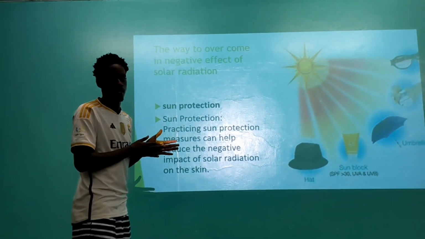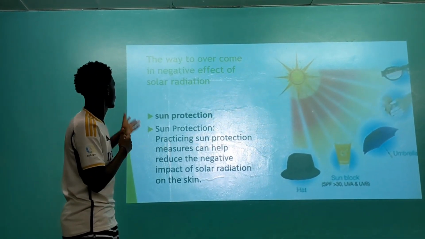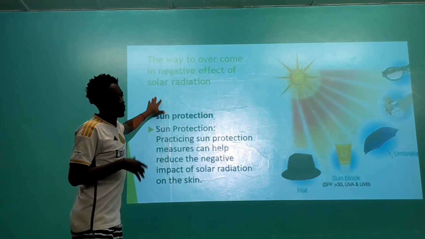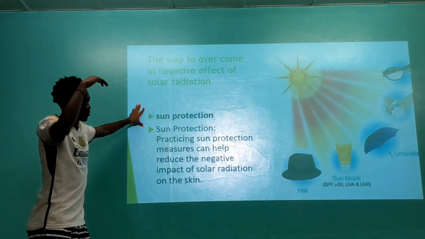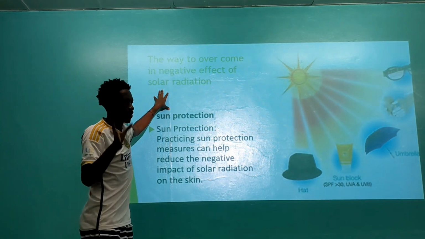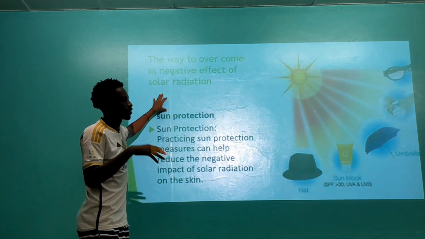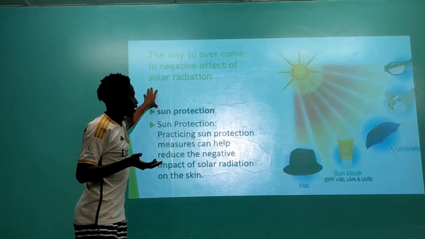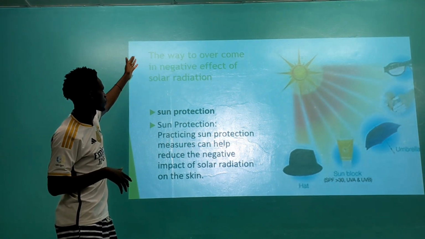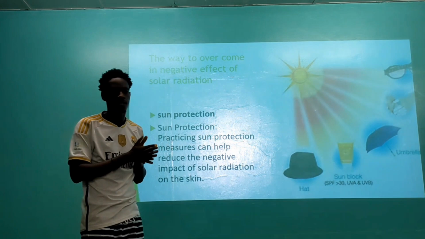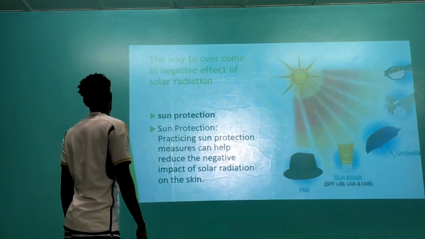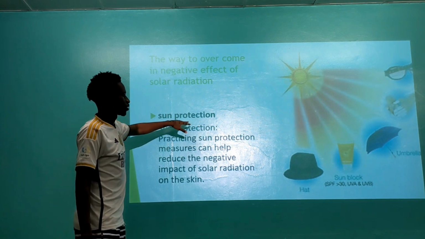Also, another point that our group discussed was the ways to overcome the negative effects of solar radiation. Even though solar radiation is important, there are also negative impacts on us. There are ways to overcome those negative effects, such as sun protection.